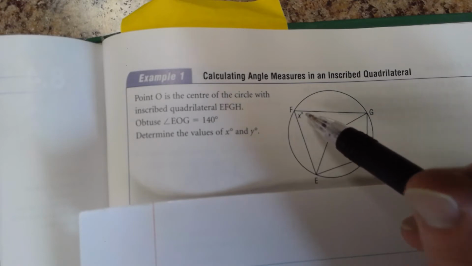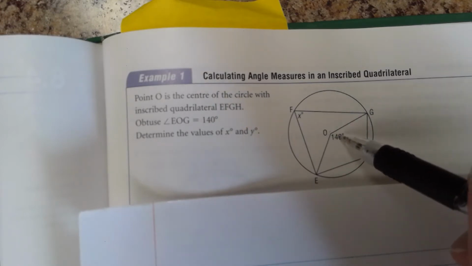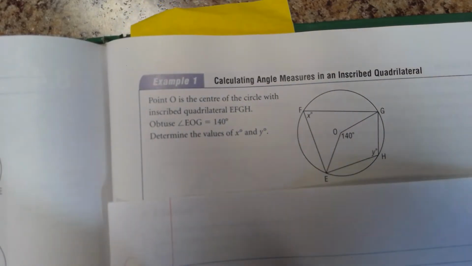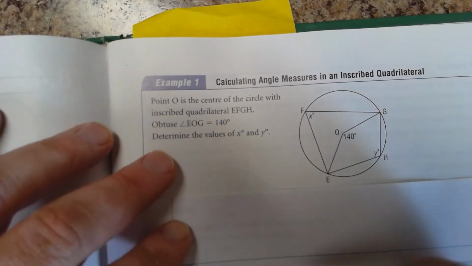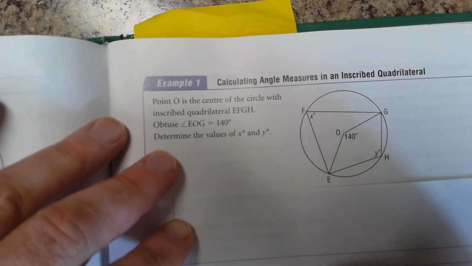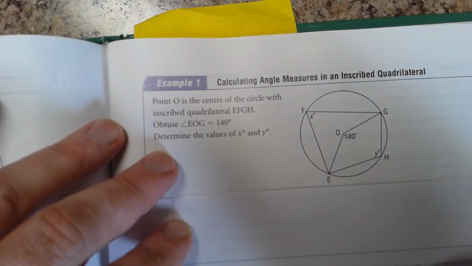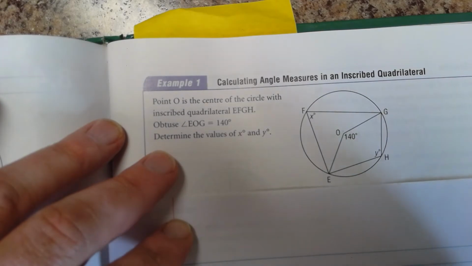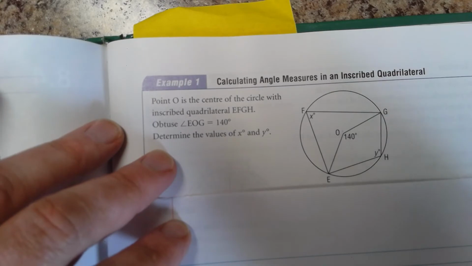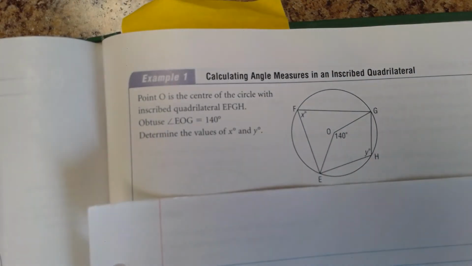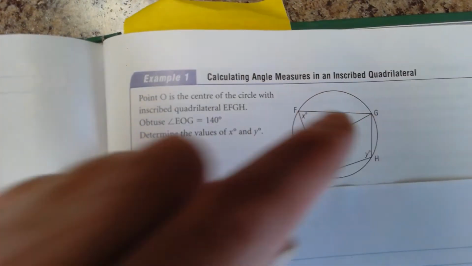This is going to be half, I mean, the interior is double of this. Okay, so angle F, 140 divided by 2 equals 70 degrees. Therefore, angle F equals 70 degrees. That was easy.